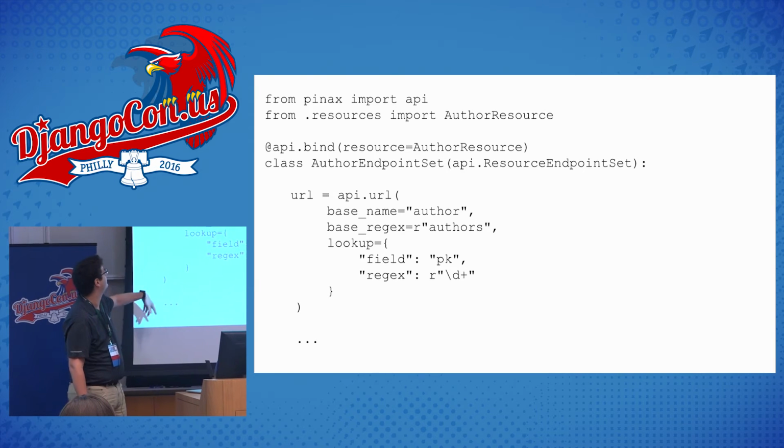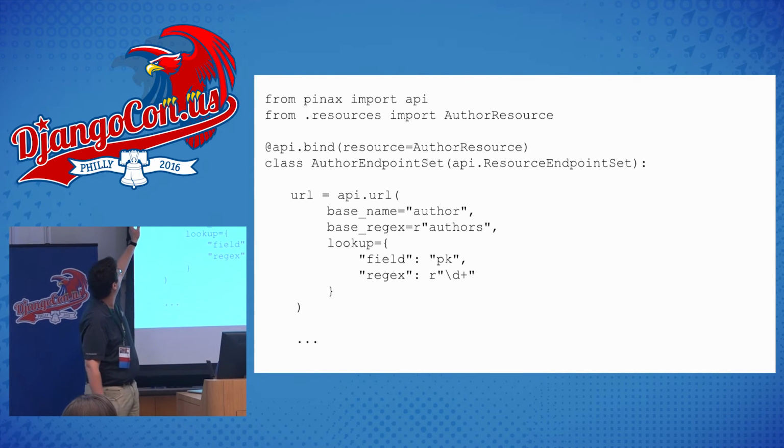This is the first part of it, because this can get really long once you've implemented your actual resource handling of an author in this case. So here we actually are importing the resource. We are binding the endpoint set to the author resource, and this is where you define the basic bits of the author and how it's going to hook up into your URL.